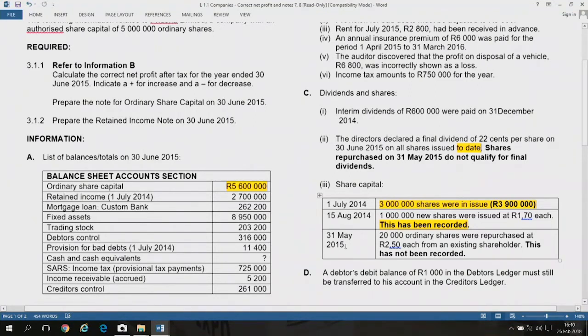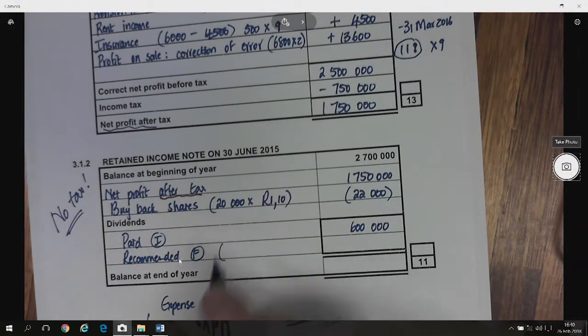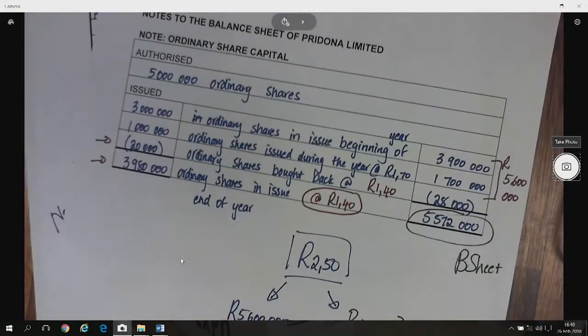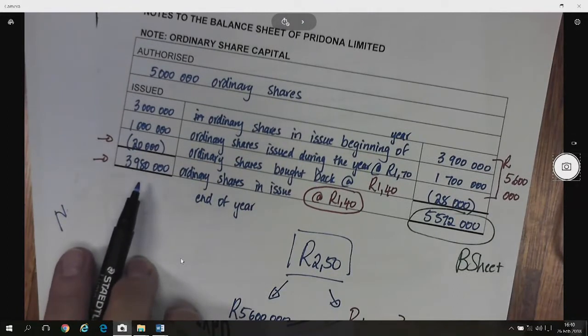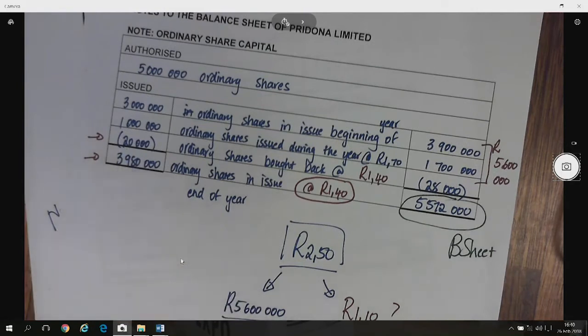But in this case, the shares were bought back on the 31st of May. So they mentioned their shares repurchased on the 31st of May do not qualify for final dividends. So we are going to calculate the final dividend as 22 cents on the 3,980,000 shares, not on the 4 million, because it's after buyback.